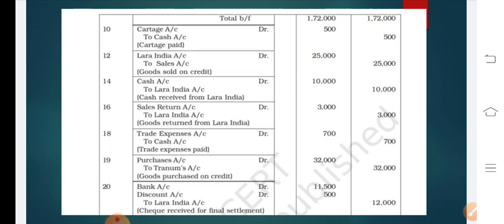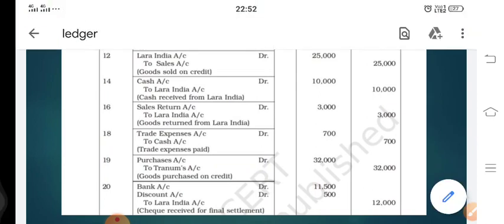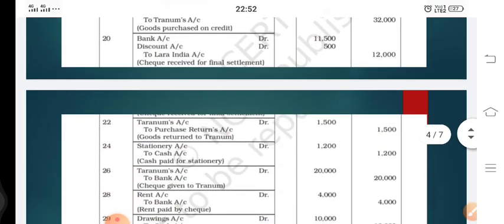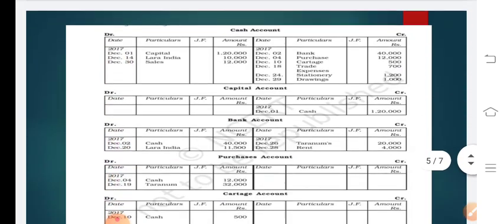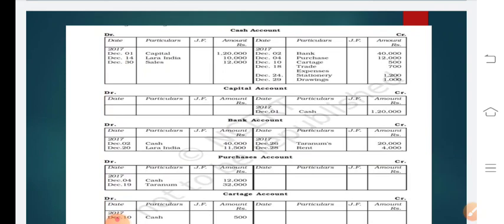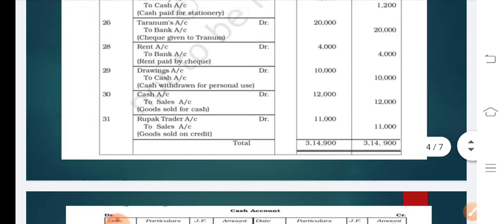Now here cash is coming into the picture, and it is coming at the debit side. So we'll write at the debit side of cash account to Lara India's account 10,000.